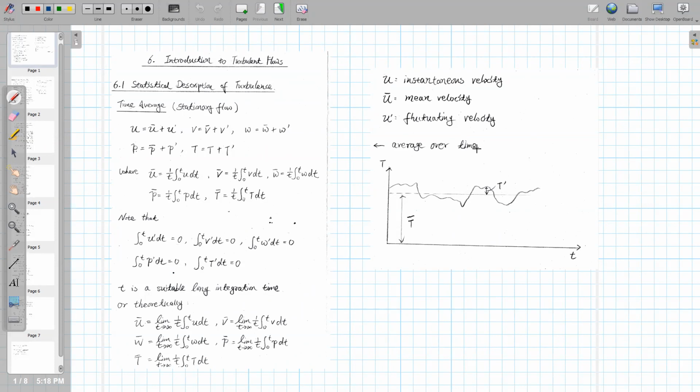But turbulent flow always gives you more trouble, and the theory behind turbulent flow is also very challenging, because it involves much statistical behavior in turbulent flows. So the first thing we are talking about is the statistical description of turbulence.